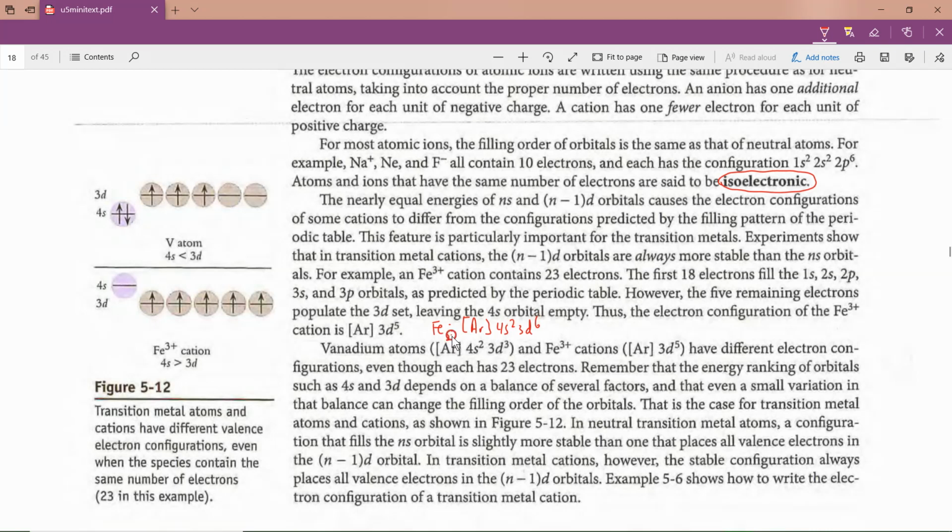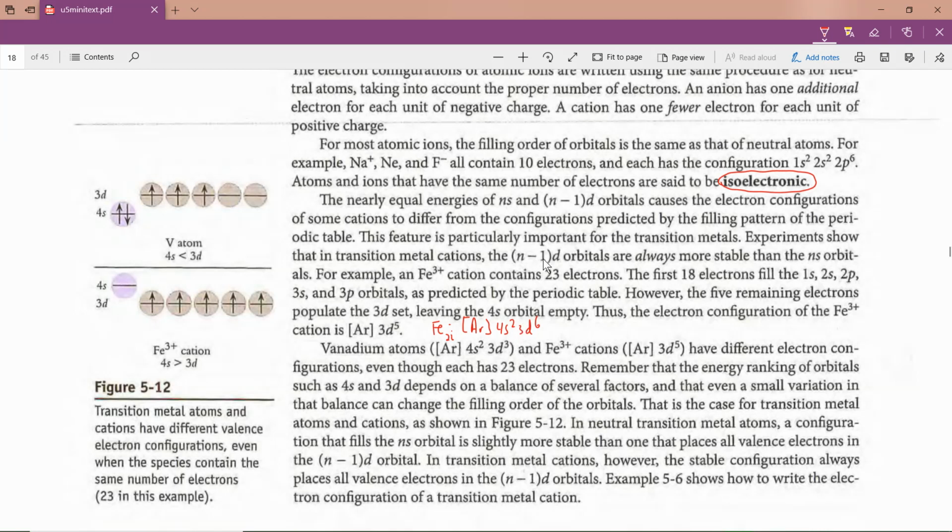Iron has 26. For Fe3+, you might think, oh, well, I filled up the 3d first, so they're the first ones to go out. But that's not true. Once it's all filled up, this is the way it is, but now, kicking out electrons, we've got some electrons in the n equals 4 shell. Those go out first.